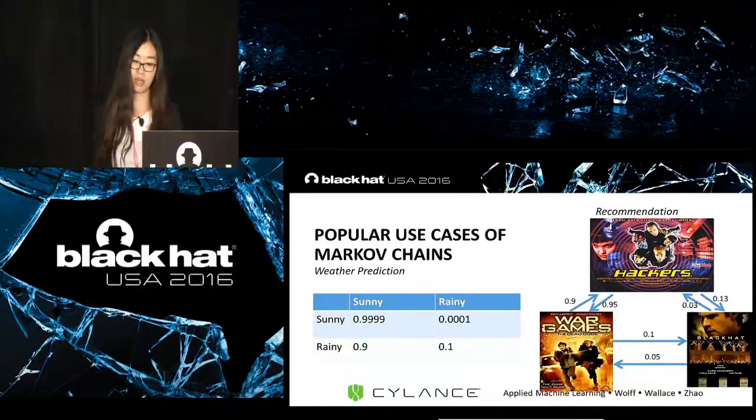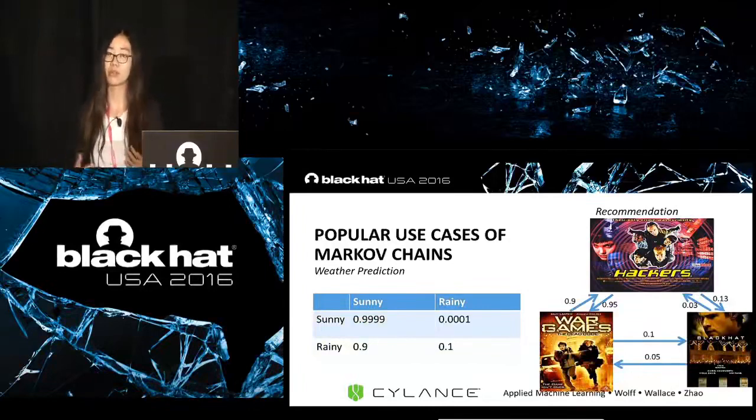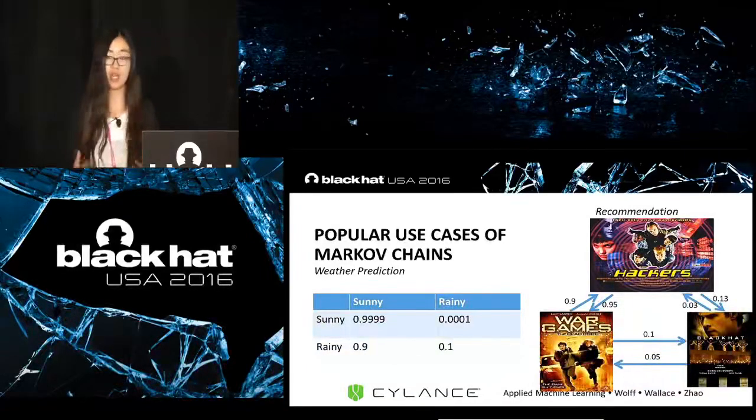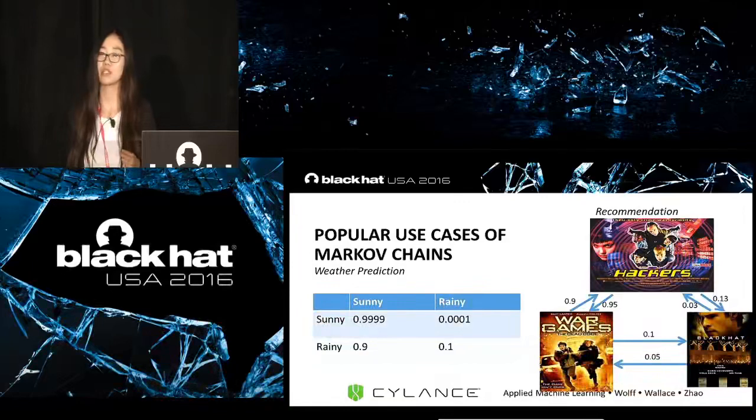So perhaps for the people who like Black Hat, we will recommend something like Twilight. But people who like Hackers, we will say they might also fall in love with WarGames and vice versa. So based on all these learnings, we can recommend the movies to them.